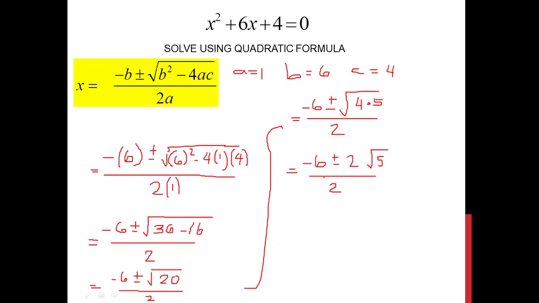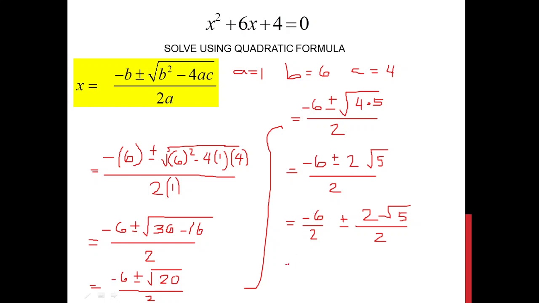Now you can just separate the two terms here so that it will be easy for you to simplify. So you can rewrite this one as negative 6 divided by 2, and we're separating this term, and then plus and minus 2 again divided by this 2. Now we have the two terms shown.